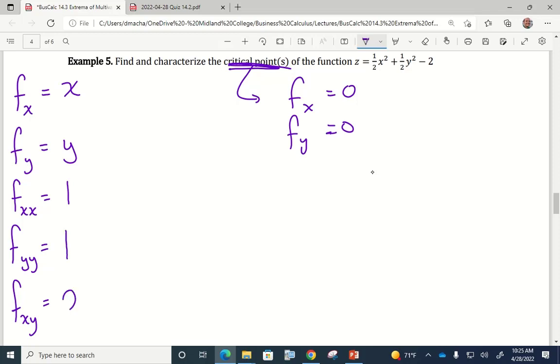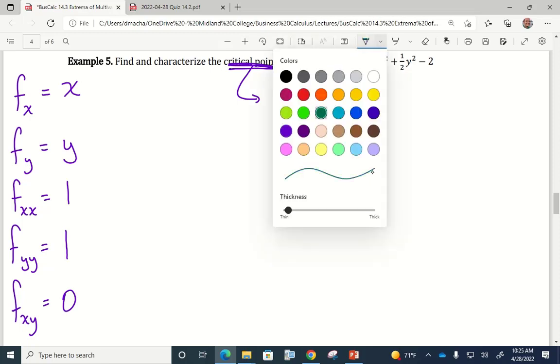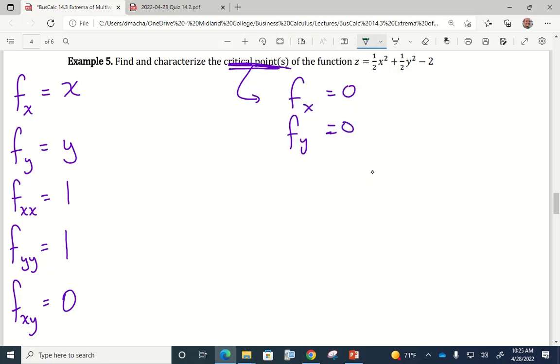And my mixed partial is going to be 0. So then these are going to give me x equals 0, y equals 0, which is again just one critical point at 0, 0.